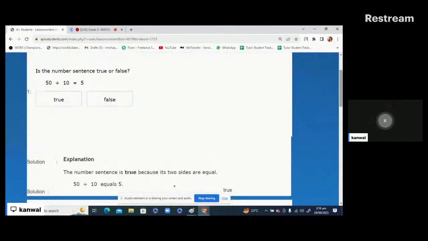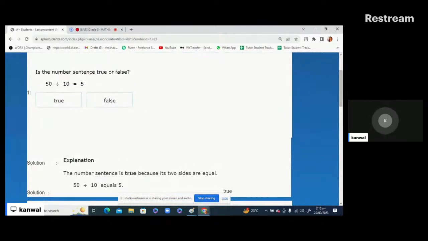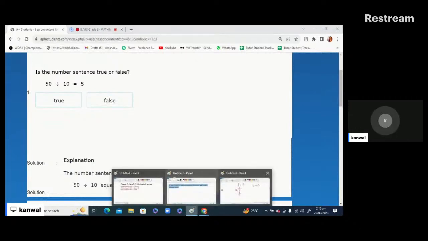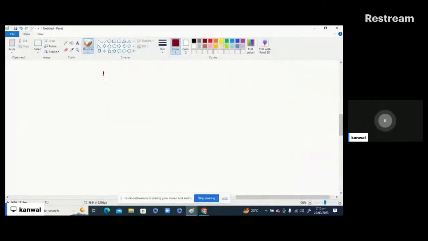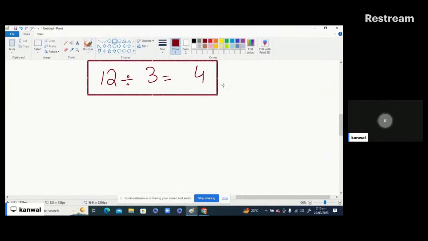So here is the number sentence, true or false? So here we just check: when we divide it, the answer is already given. For example, here is written 12 divided by 3 and then here is 4. Then they are asking whether this statement is true or false.